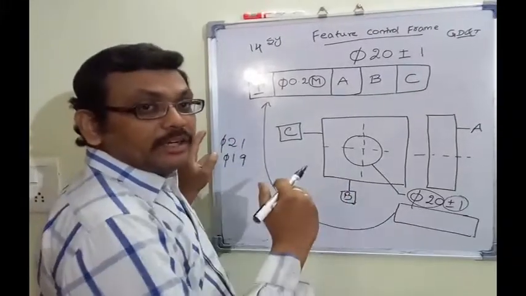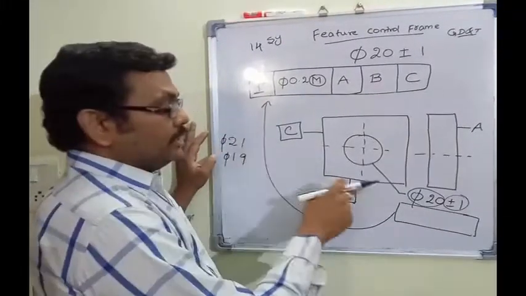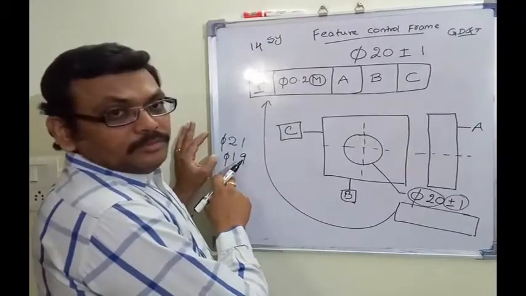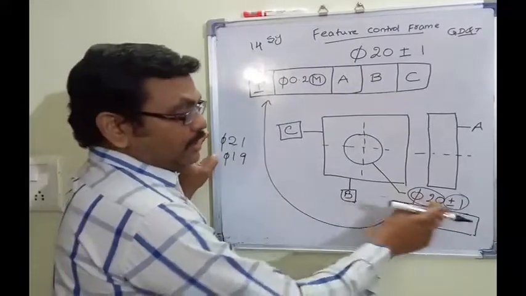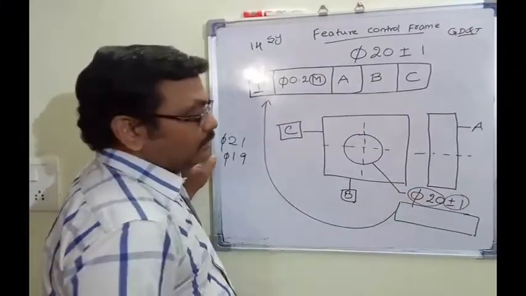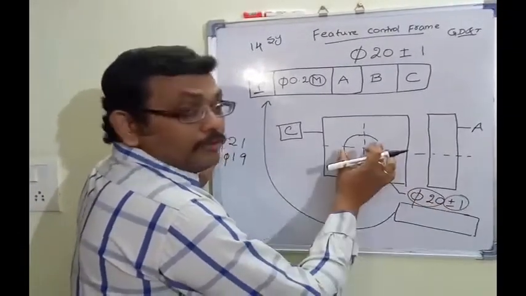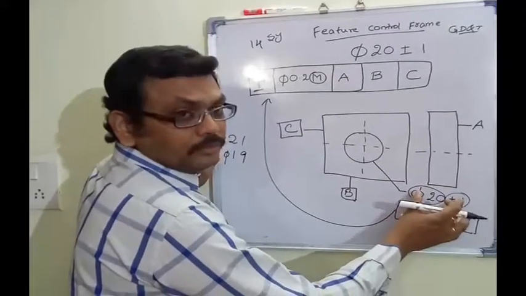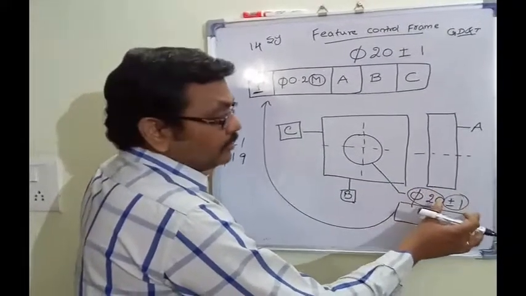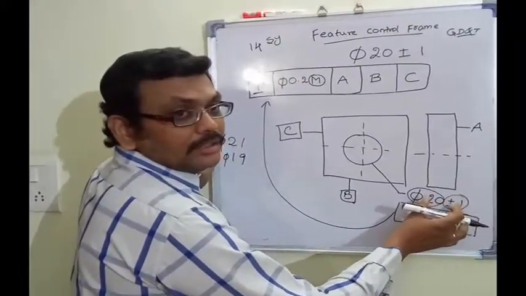It can fluctuate, but not beyond this. Right? This is how we have to calculate tolerance here. So this is about the feature and size tolerance and value.